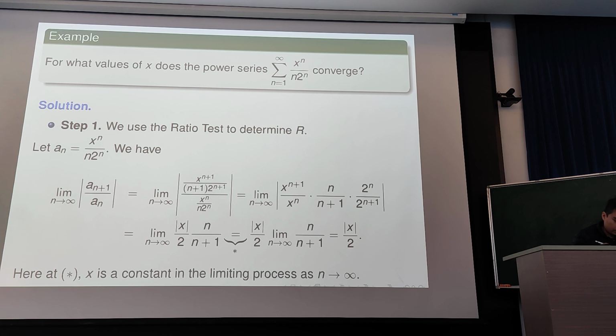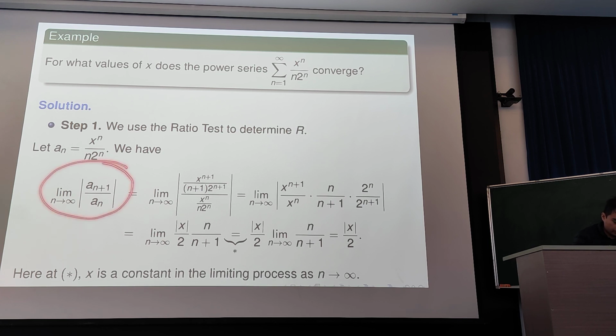For the ratio test, we should consider this limit, right? So here is the a_n, the general formula for the element of the series. Then, using this definition, you can find this ratio, a_(n+1) over a_n.